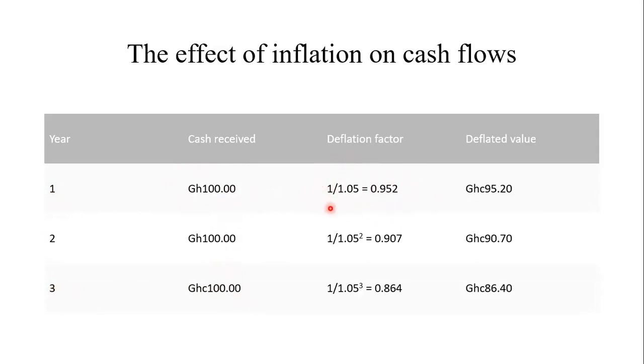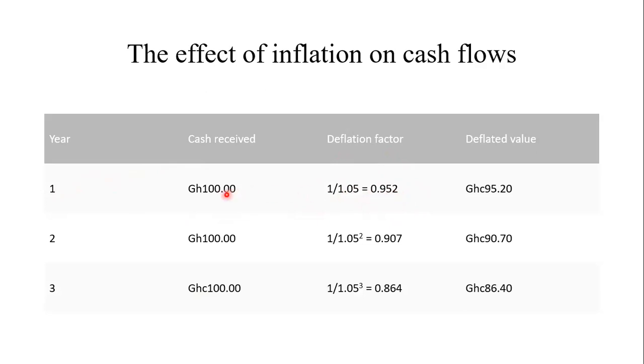Deflation here also refers to discounting. So we know how we arrived at this: 1 over 1 plus r to the power n, where n here is 1. That is for year 1. So that comes to 1 over 1.05, and that gives us a discount factor or a deflation factor of 0.952.